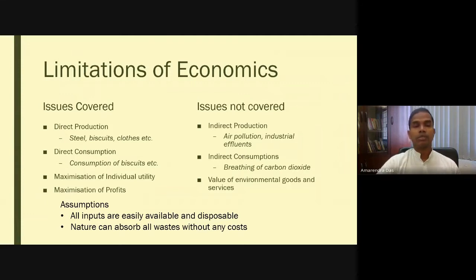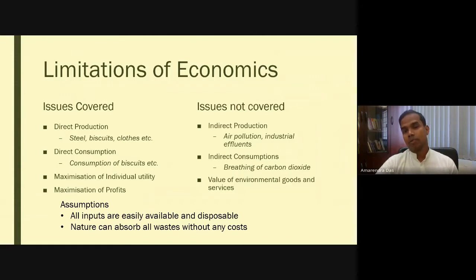Now, coming to the issues that were covered in the core economics, if you see the definition of economics, the scarcity definition says that there are unlimited desires or choices, and then we have limited resources.